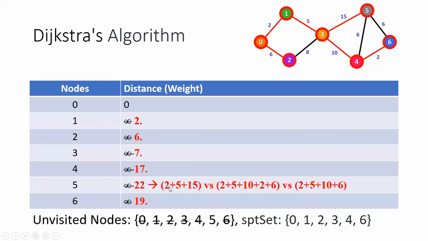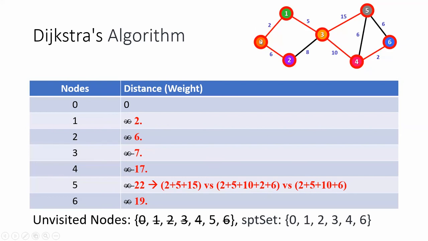For this one, it is 2 plus 5 plus 15, we get 22. The next one is 2 plus 5, then plus 10, then plus 2, then plus 6, which is we go through 6. For this one, the distance will be 17, then 19, then it would be 25. If you route through 6, you get 25.